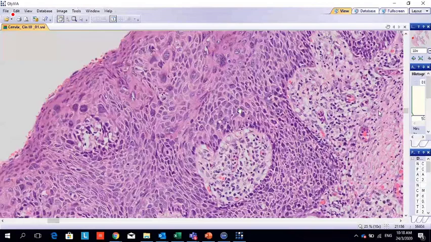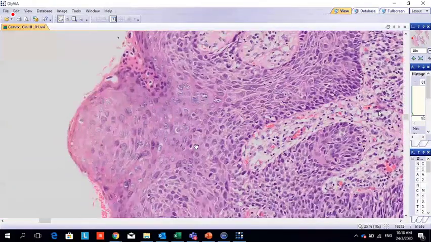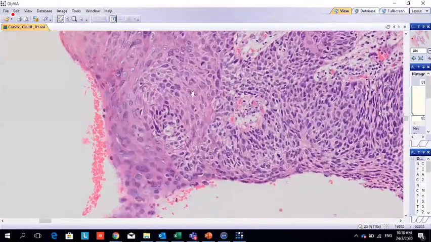Okay, any question? So this is considered CIN 3, or 2 to 3, because some area is showing 2, isn't it?